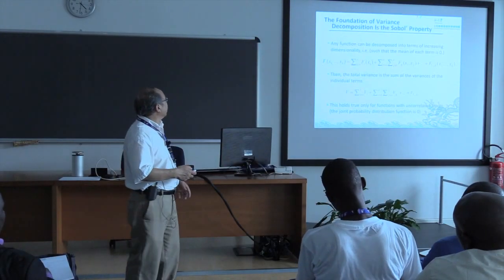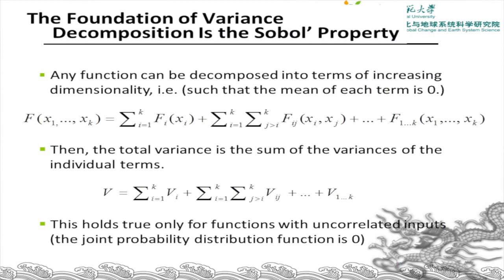So this is the whole rationale behind this variance approach. Suppose you have a k-dimensional function, and you break down the equation in this kind of form. You have the term associated with xi only, and then the term with xi and xj only, and then eventually you have everything.